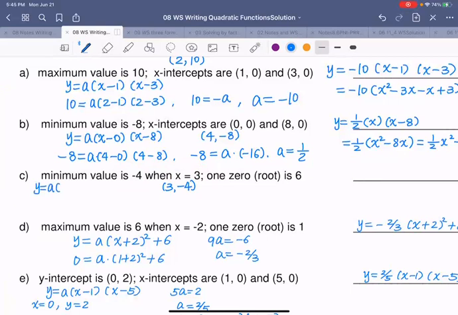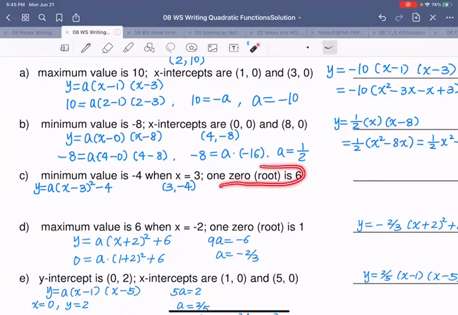So the function is y equals a times (x minus 3) squared minus 4.